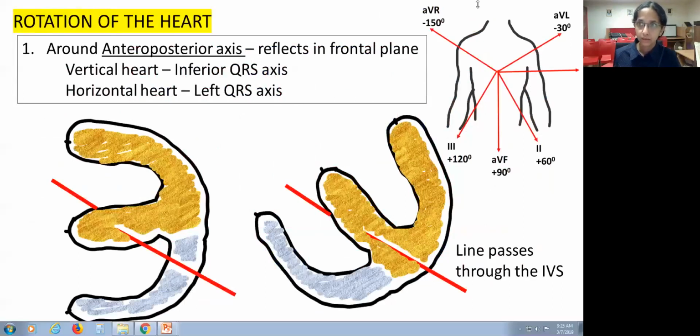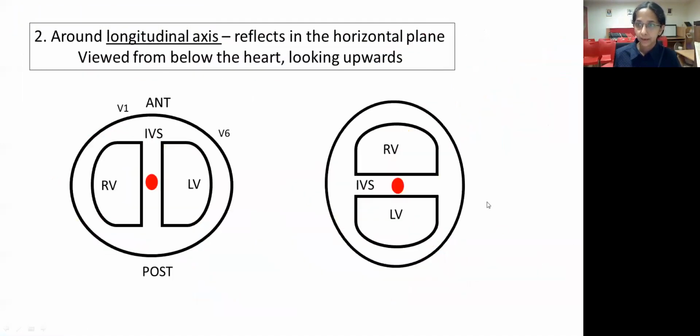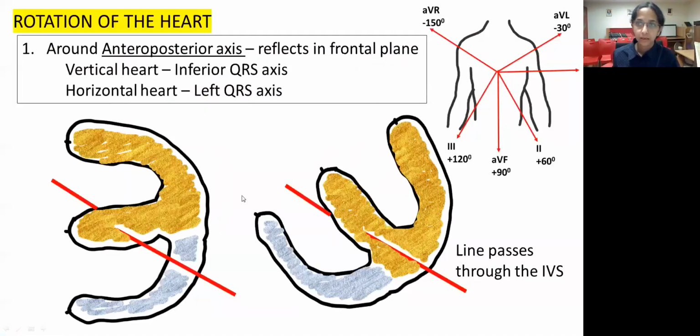Okay, so this is the rotation. The rotation is done in two planes. This is the frontal plane, and in the frontal plane, imagine yourself, this is the coronal plane. The line passes across the IVS from the anterior to the posterior direction.